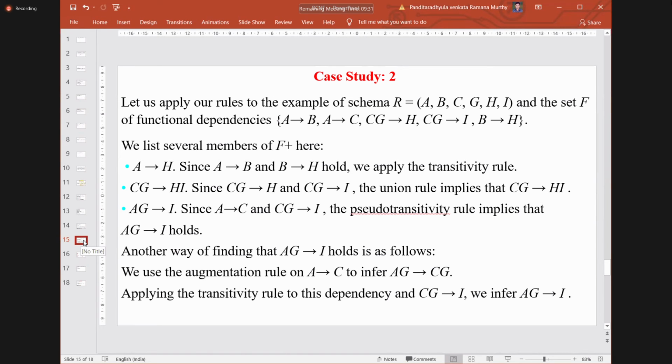How to identify the functional dependencies, or with the available functional dependencies, how to compute F closure.